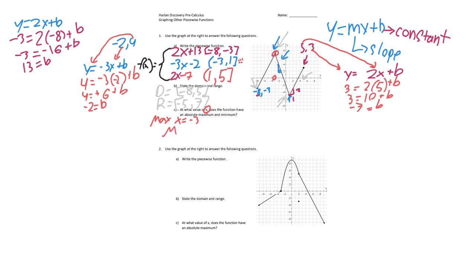Our min is at x equals 1, because even though our minimum is down here, we want the x value at 1. So that is how we do the entirety of problem 1.